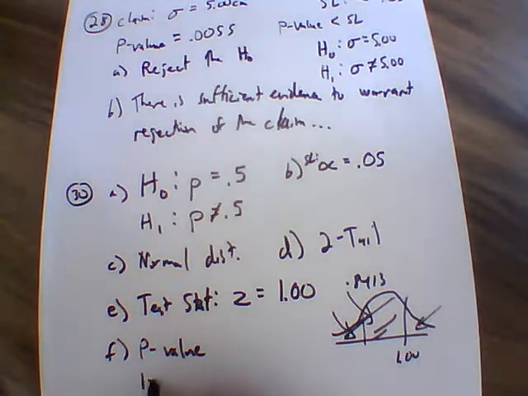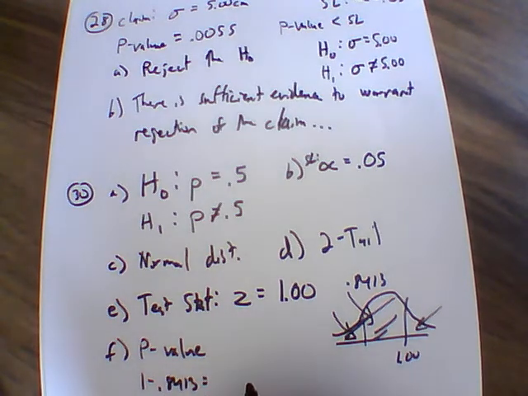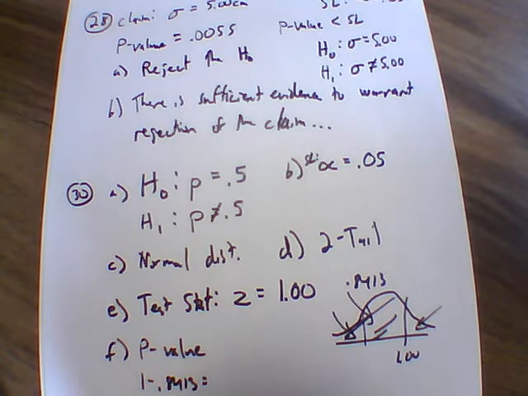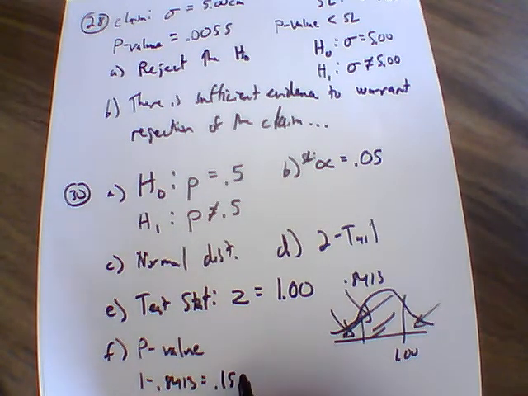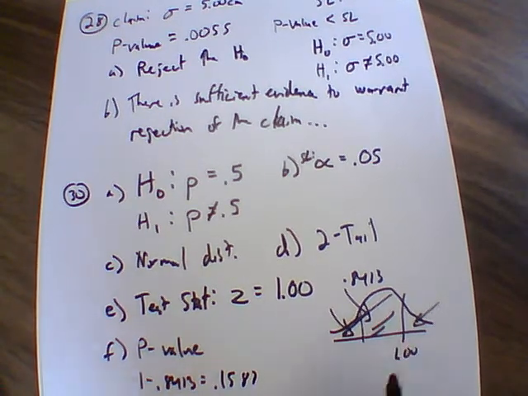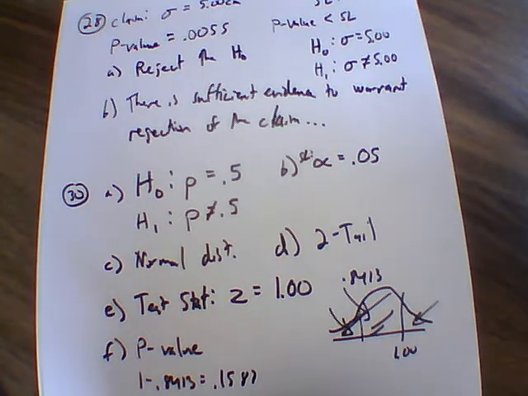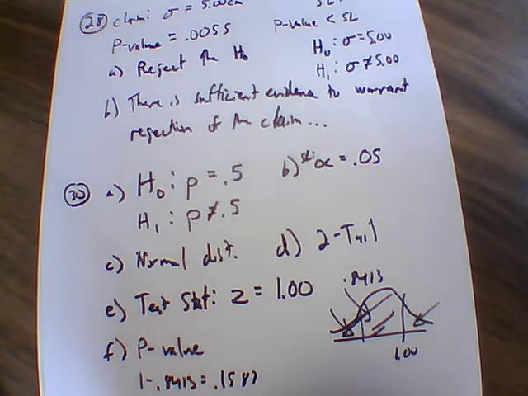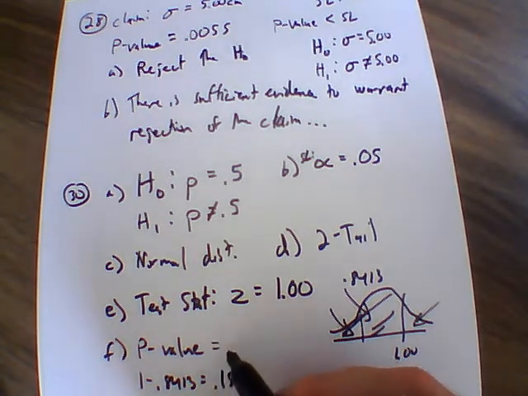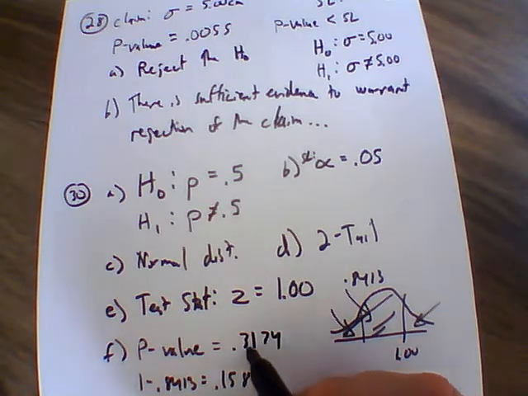So we take 1 minus 0.8413, which gives us 0.1587, and because it's a two-tail test, we take 2 times 0.1587 to give us 0.3174. This is our p-value.